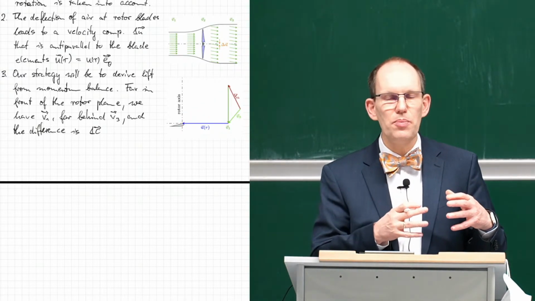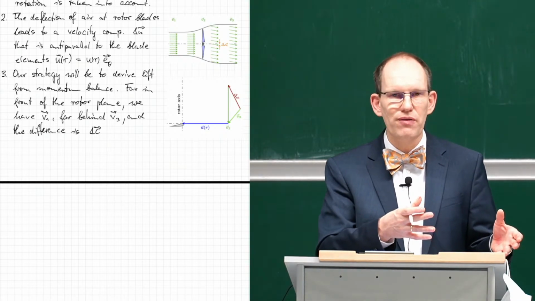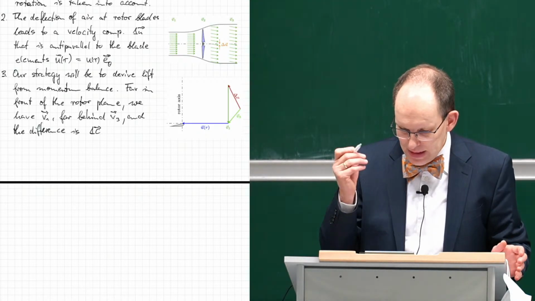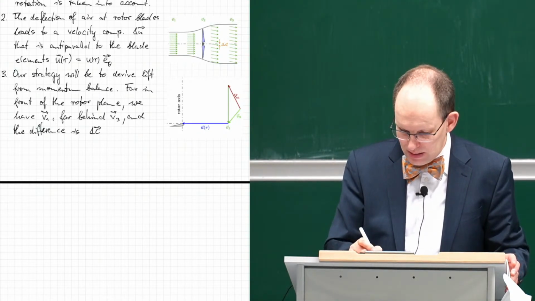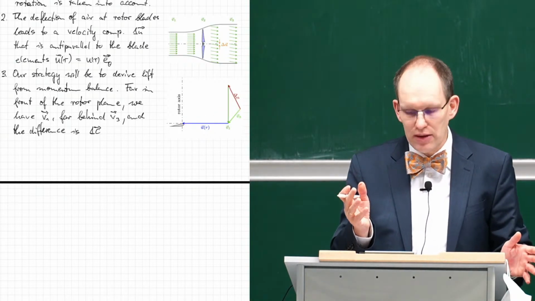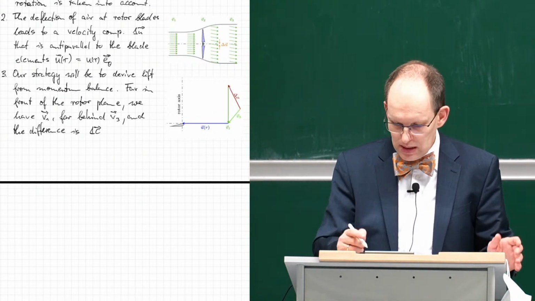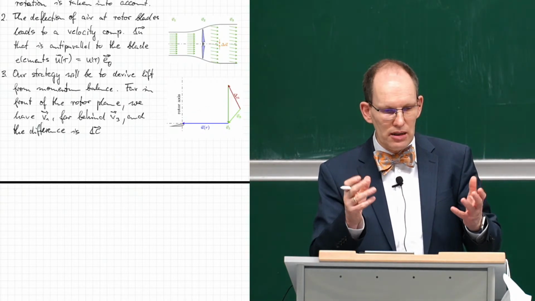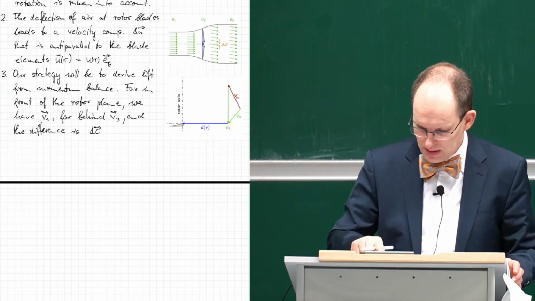So this is the hypothetical inflow velocity far in front of the windmill. And the same we can do far behind the windmill, right? And in the plane of the windmill, somewhere in between, this is then the real inflow velocity.